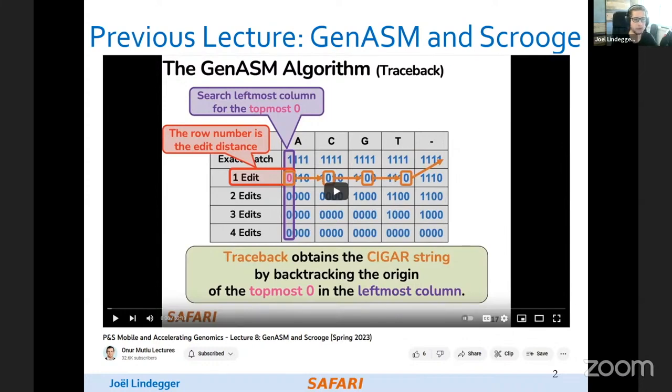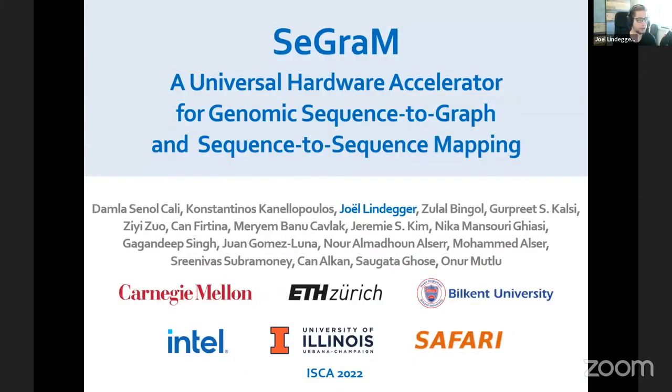Now, today we're going to look at this SeGraM work, which I'm third author of. It was led by Damla, who led the original Genome work already, and you will see many of the Genome authors repeated here. That's because it's closely related to these prior works of Genome, and Scrooge was really developed in parallel.